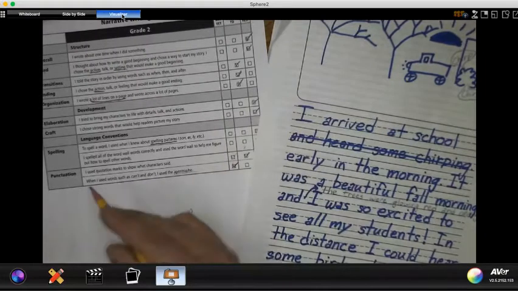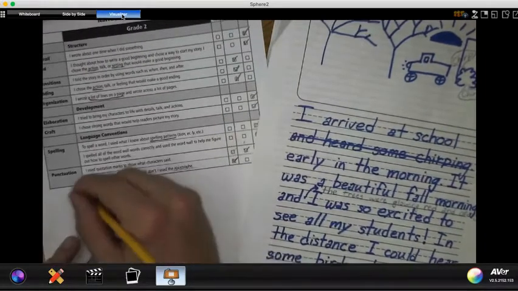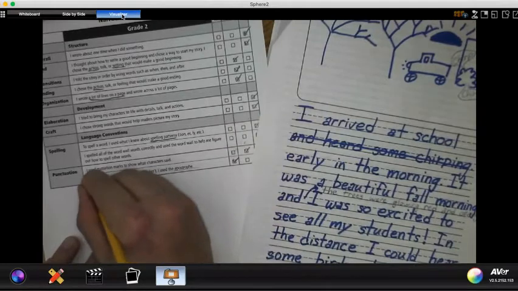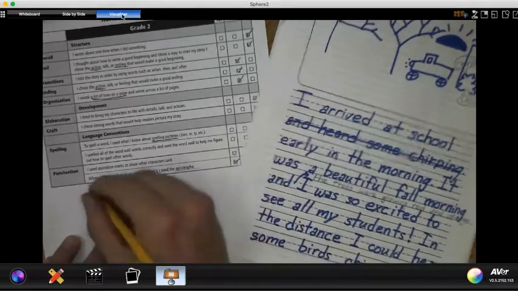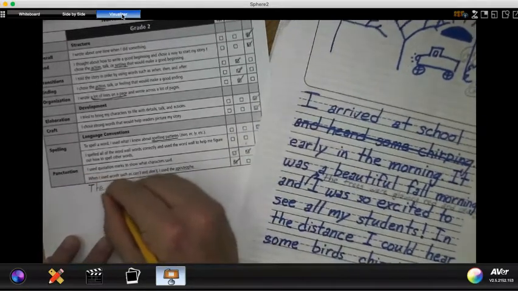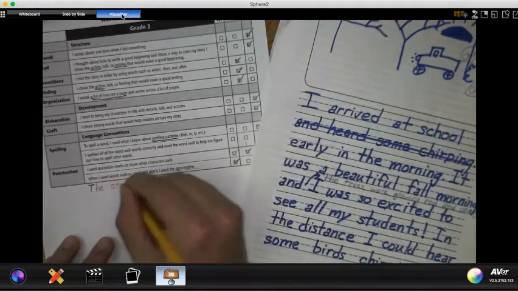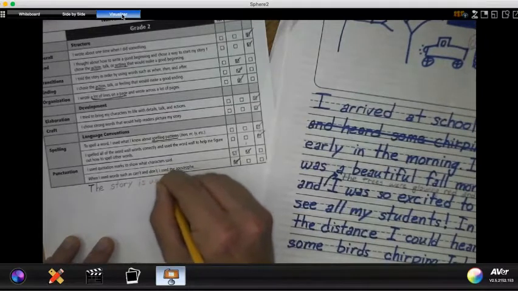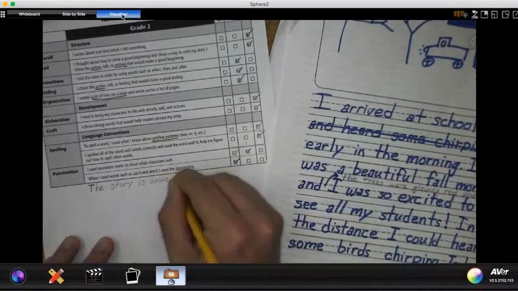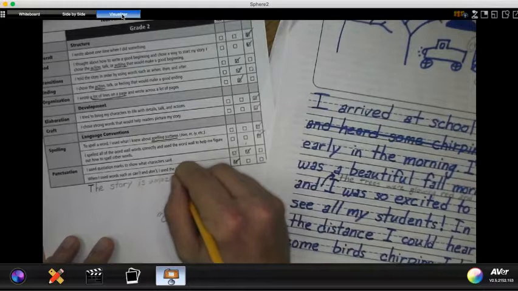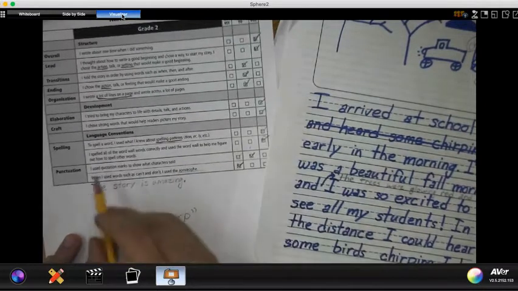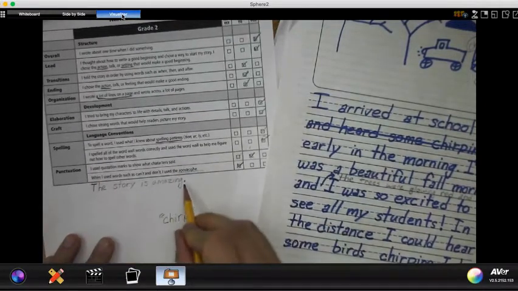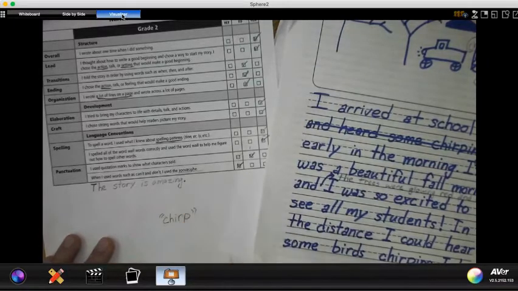And also for punctuation, it's not on the list, but I'm always looking for capitals at the beginning. And a piece of punctuation at the end of a sentence, like a period. So I'm always looking for the capital, and I'm always looking for that ending punctuation. So that's something else I'll be grading you on for punctuation, okay?